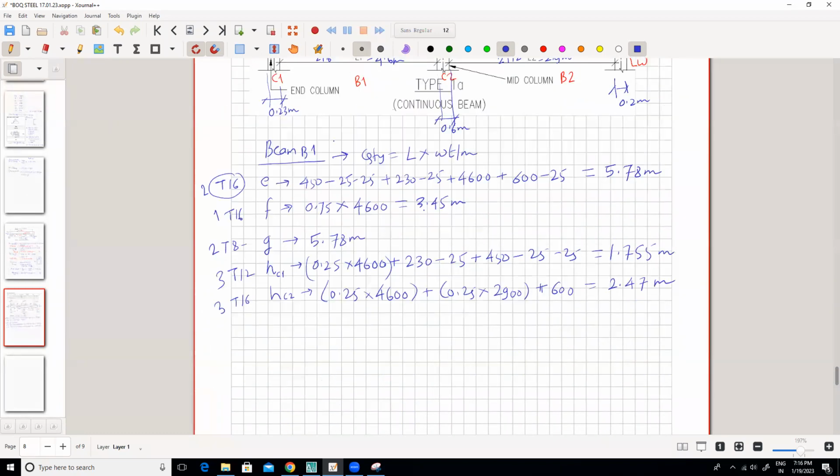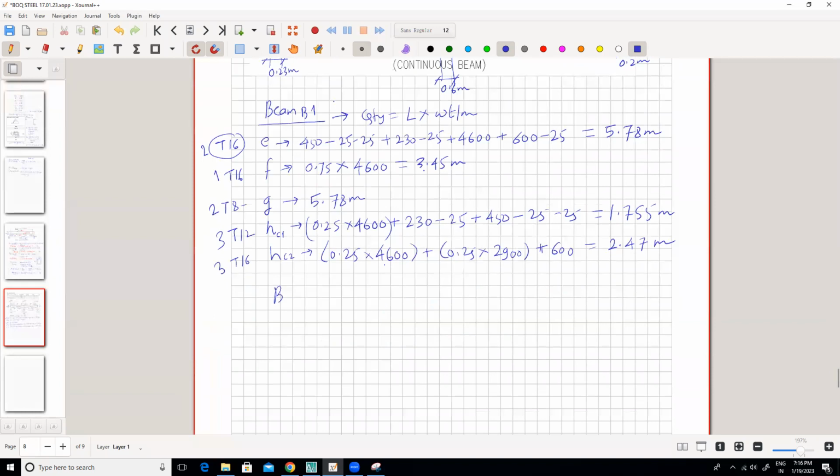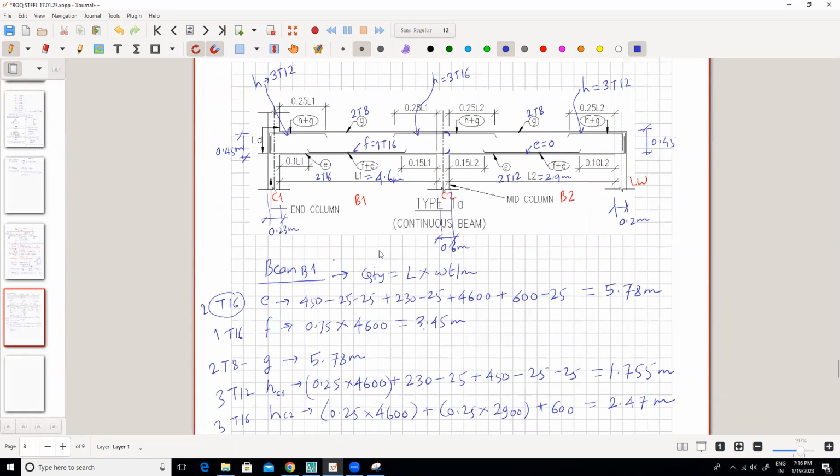Now we will go to the beam B2. So again, E bar will be the bottom bar, right? So we will have till this point, and again this.